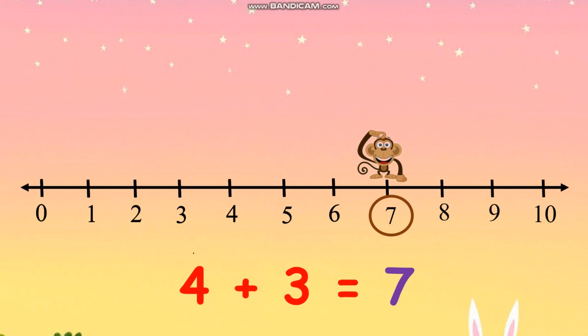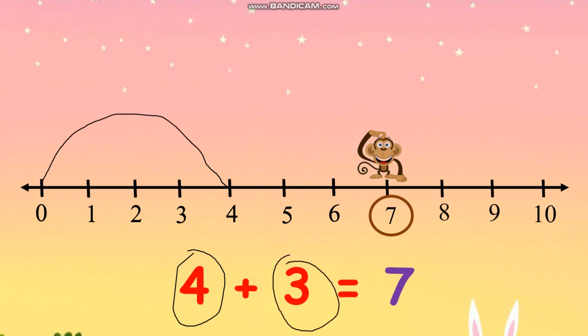We will see the first number. The first number is 4 here, so we will make a jump directly to 4. First we will jump to 4. Then we will have a look at the second number. The second number is 3. So we will jump that many times. So I will jump 3 times. Okay, one by one. So I will jump like this, not directly. 1, then 2, and then 3. Okay, so I will arrive at the answer.